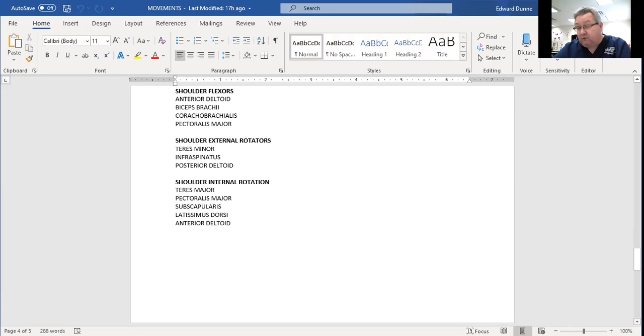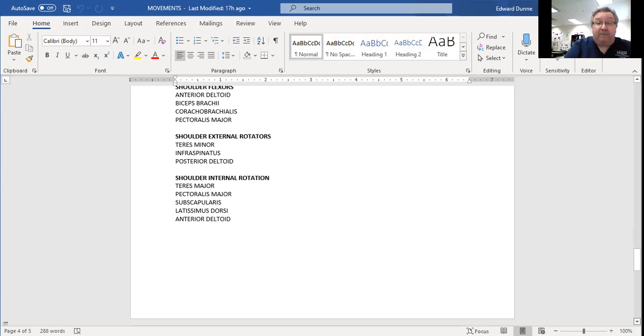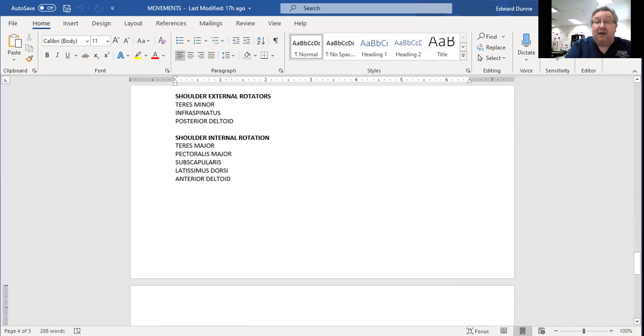The external rotators of the shoulder, the muscles that move the shoulder outwards, move it laterally, are the Teres Minor, the infraspinatus, and the posterior deltoid. Let's look at those muscles and where they're coming from. Teres Minor is coming from the lateral border of the scapula, and it inserts into the greater tubercle of the humerus.